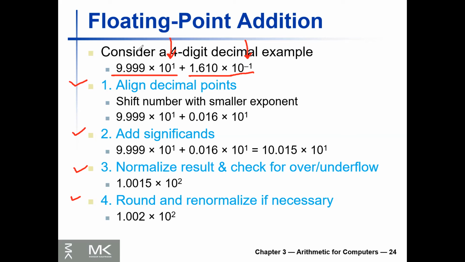Which one is the smallest exponent? Number 1 or number 2? Number 2 has the smallest exponent, which is minus 1, correct? So we have to adjust it, we have to make it 10's power 1. I just explained to you, if we shift the decimal point towards the right, the power will increase.